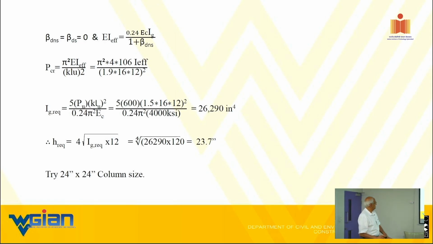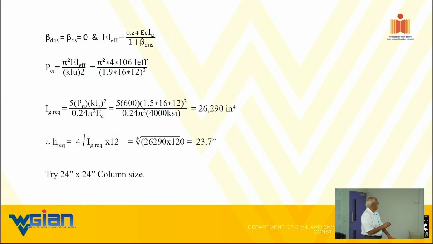I thought I put it, but I'm not sure. At any rate, the gross value required is 5 times pi square EI over L square. That is the message. Based on that, that is the moment of inertia requirement.